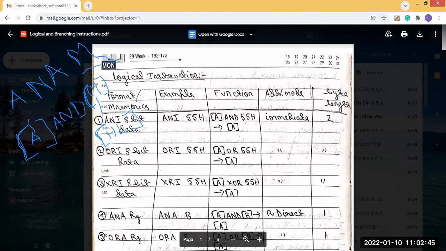Then we store the result into the accumulator again. So this is the ANA M function.